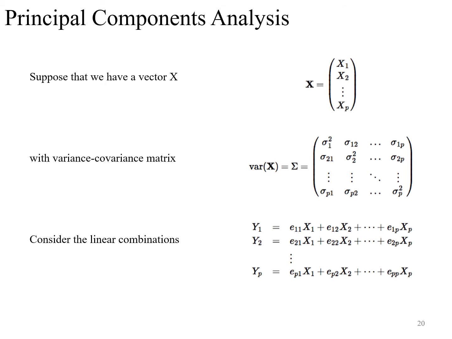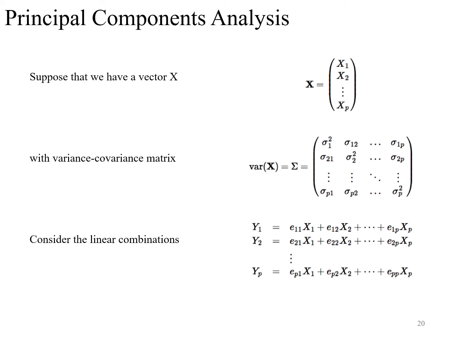Of course, that's only in 2 dimensions, and we want to generalize to n dimensions. So imagine that you have a vector of variables, X, so x1 is a variable, x2 is a variable, etc. And it has a variance covariance matrix of all those values. And consider that you could have a set of coefficients E11 through E1p.